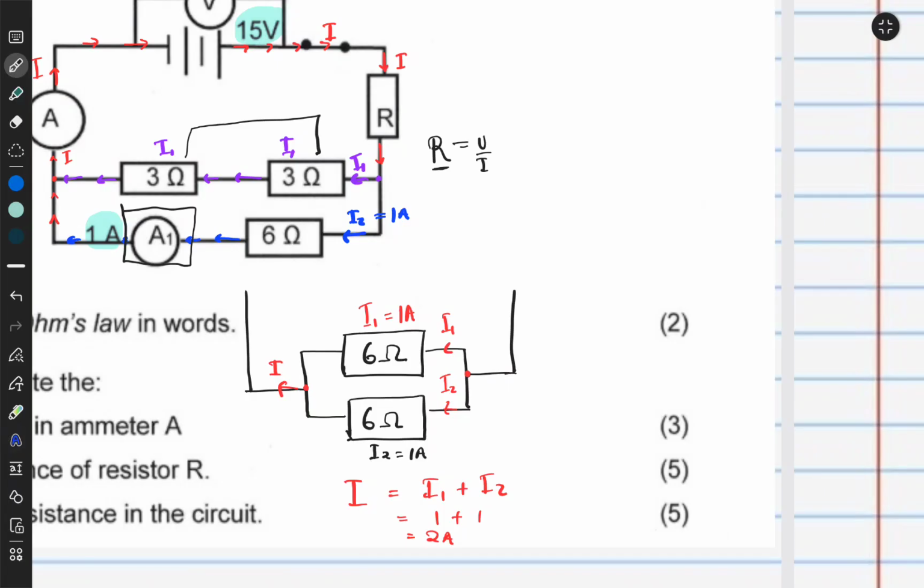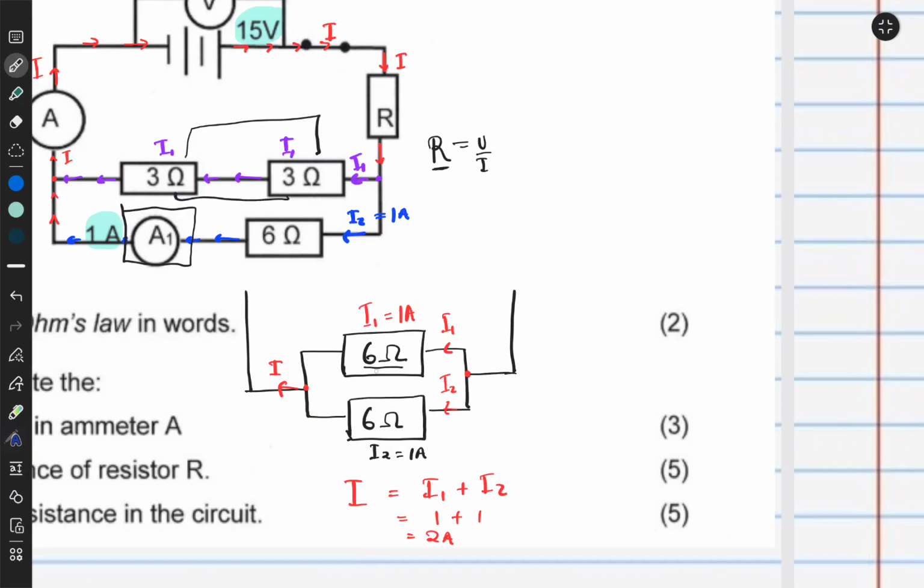Remember, that's usually what happens. Whenever you find the total resistance, what you are essentially doing is taking all these individual resistors and combining them into one big resistor, or one small resistor, depending on whether they are connected in parallel or series, right? So in this case, it would be one big resistor of 6 ohm because I'm connected in series for these two.